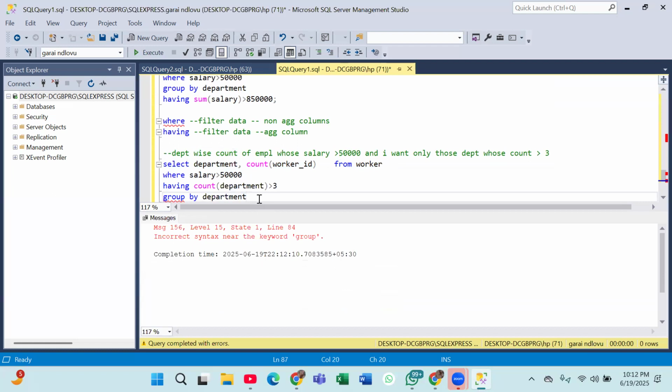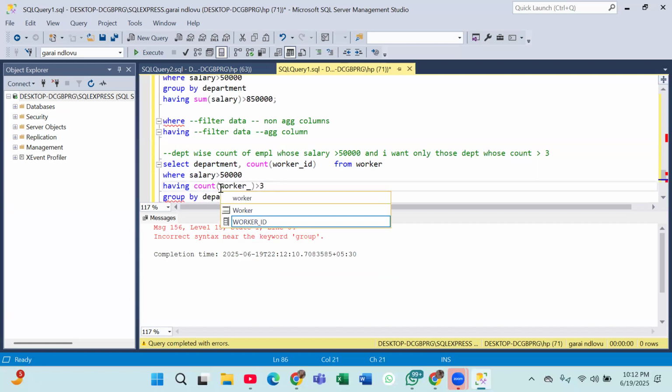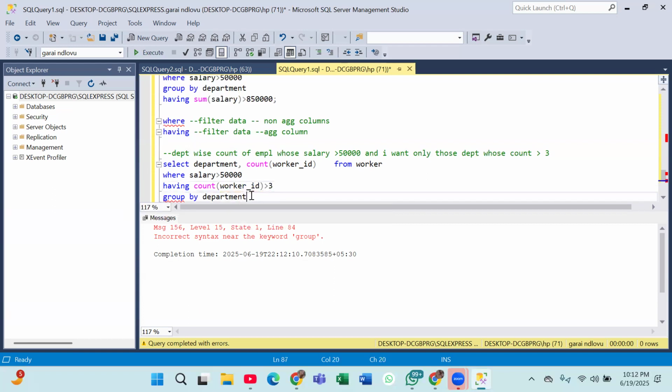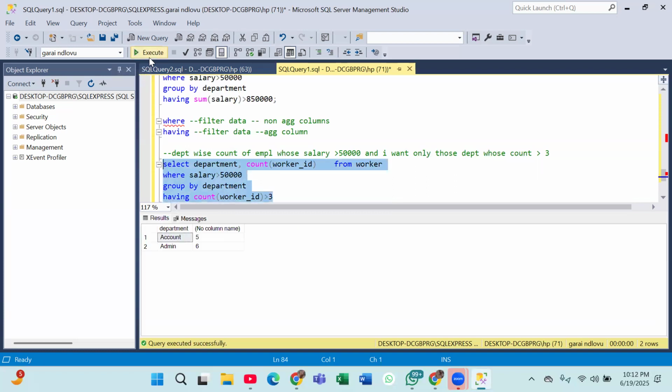So what we want is count of worker ID. If you're taking count of worker ID here, write down worker ID only here, right? And group by will be used before having. That is the order of writing a query. I'll tell you about order by. After that, I'll teach you about order of execution and order of writing a query. Okay?